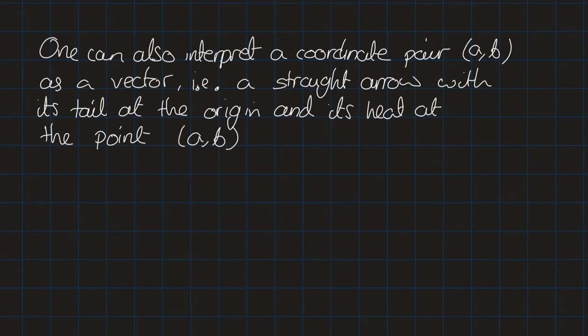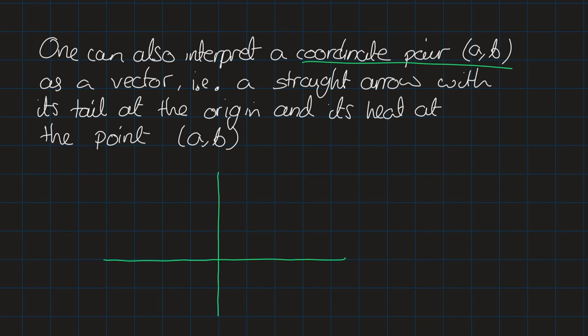The general idea is that instead of interpreting a coordinate pair AB as a point in the Euclidean plane, we instead interpret it as a vector. And a vector is simply a straight line arrow with the tail at the origin, and the head at the point AB.